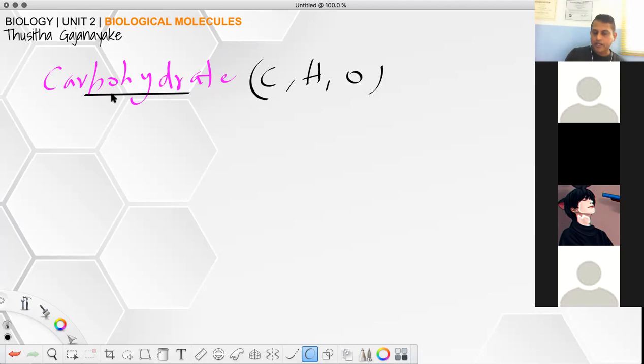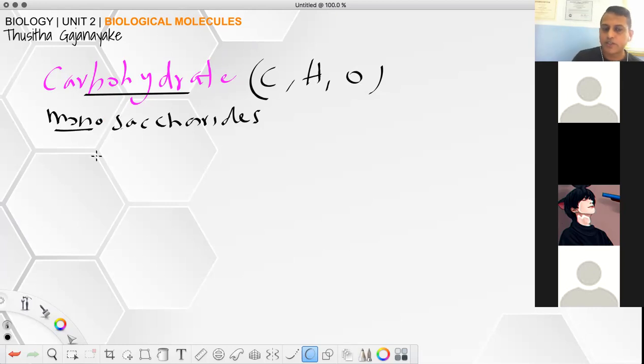Okay, again the monosaccharides, they have only one unit. Mono is one unit. Under monosaccharide, there is again a list of monosaccharides based on the carbon number. 3 carbon, 4 carbon, 5 carbon, 6 carbon, I think there's 7 carbon again like this.